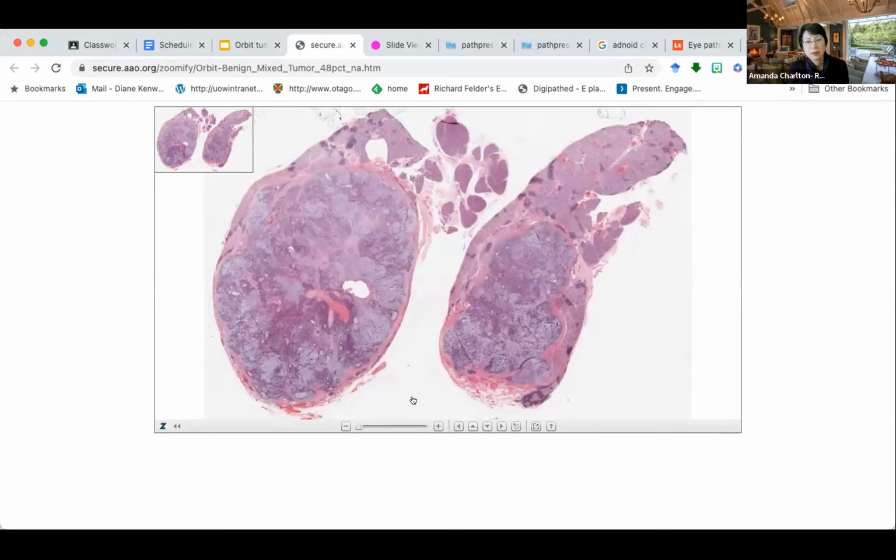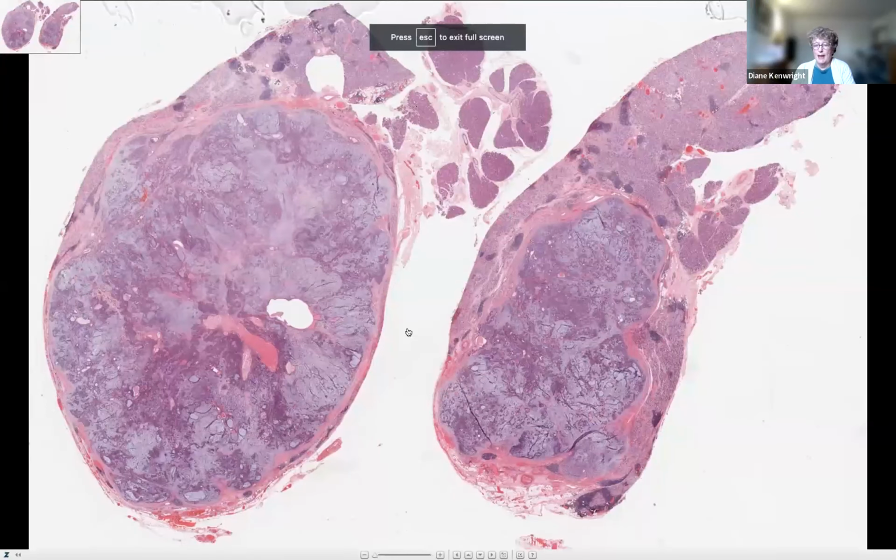Okay. Even at this low power, I want you to type, I'll just make it a bit bigger, type in the chat. What do you think this is at low power? At low power, tell me what this is in the chat. That's right. It's a pleomorphic adenoma because you can see how circumscribed it is.